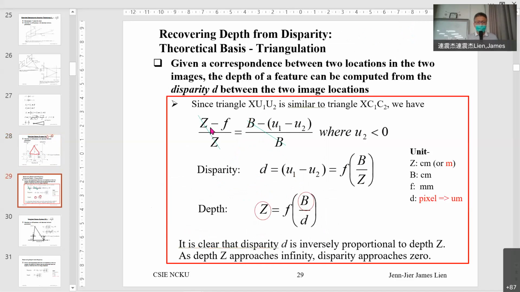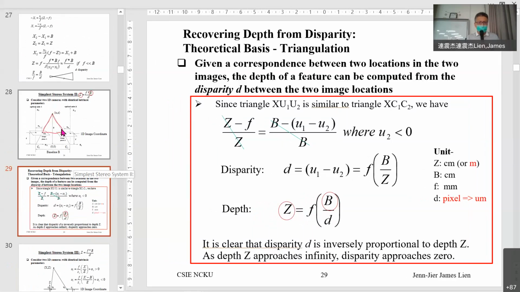So this is the longer distance Z. Z compared with the baseline equals this short one, Z minus F, compared with this one.